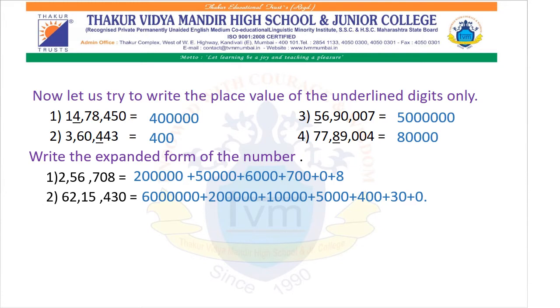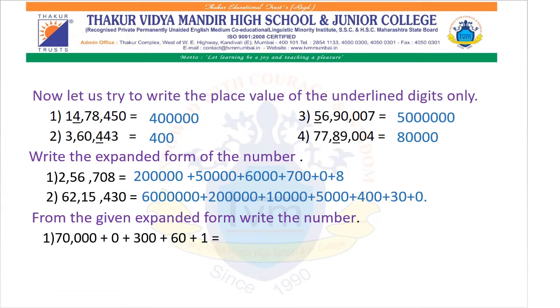Good. Now suppose, children, we are given the expanded form and we have to find out which number it is. Can you do that? Yes? We will try this first. The first expanded form given is 70,000 plus 0 plus 300 plus 60 plus 1. So 70,000 means the 7 should be in which place?